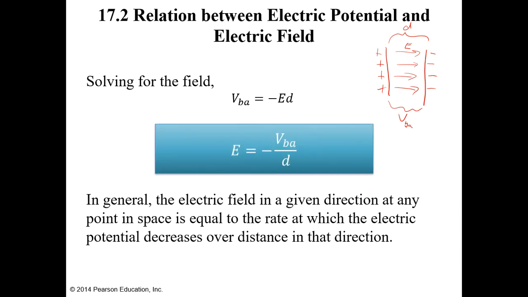If we solve for the electric field, then we find that the electric field is going to be the negative voltage difference divided by the distance d. So in general, we can say that the electric field in a given direction at any point in space is equal to the rate at which the electric potential decreases divided by the distance in that direction.